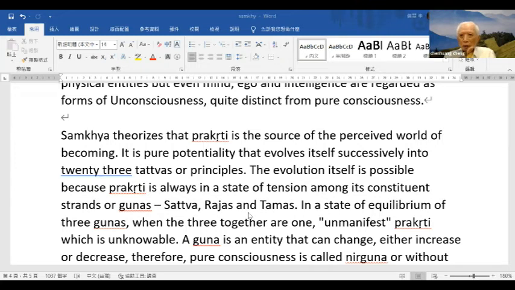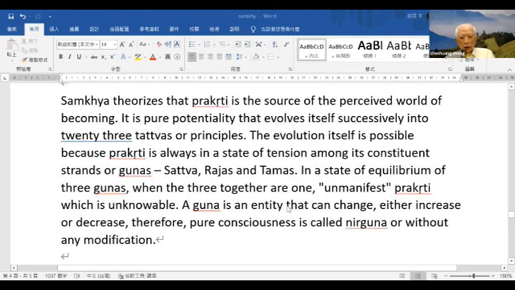For example, husband and wife, two people, then tension exists there. If there's only a single man or single woman, there's no tension. However, if there is a couple of husband and wife, then there's tension. Even a tension exists between a mother and her daughter, or father and his child. So there's always a tension among these three gunas, sattva, rajas, and tamas.